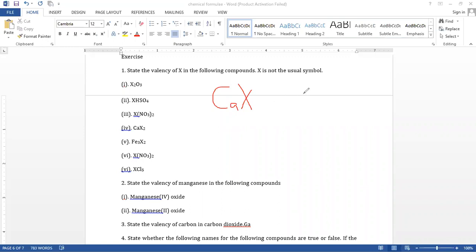This shows that in this formula, calcium has a valency of 1 and X has a 1, that is why we cannot write any number there. But we said you first look through the table and see what is known. What is known here is calcium. So let's check in our tables. What is the valency of calcium? 2.